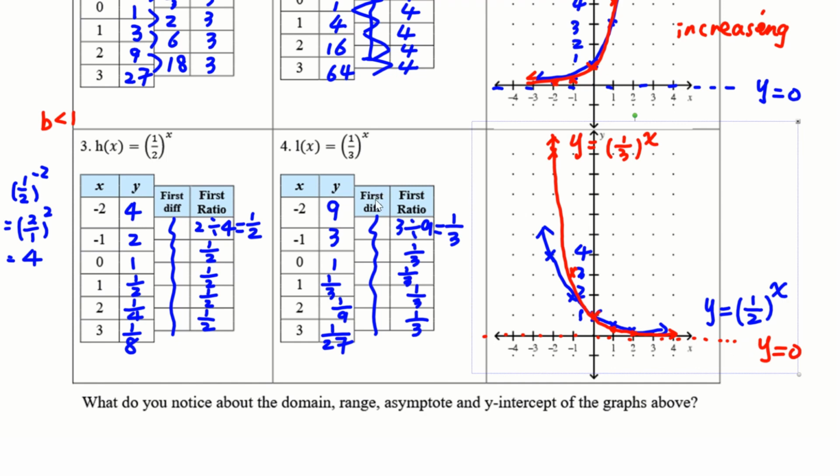From the above graphs, you will see this one from left to right is going down, so it is decreasing. We call this decreasing. So how to determine decreasing or increasing? Look at the graph from left to right. If the graph is going up, then it's increasing.